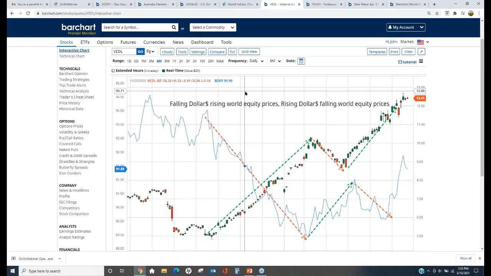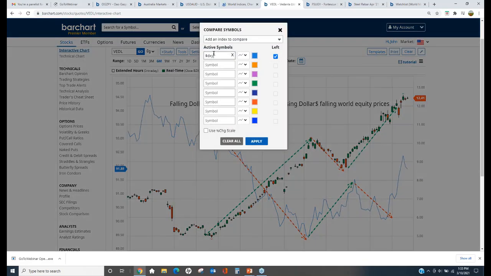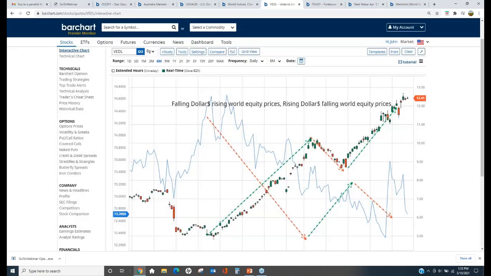This is an Indian company, so why don't we look at a comparison not for the dollar index, but let's look at a comparison as currency of our nation, of our stock, right? Indian rupee. And we really kind of see this correlation a lot better, right? Falling dollar, rising Indian equity prices.